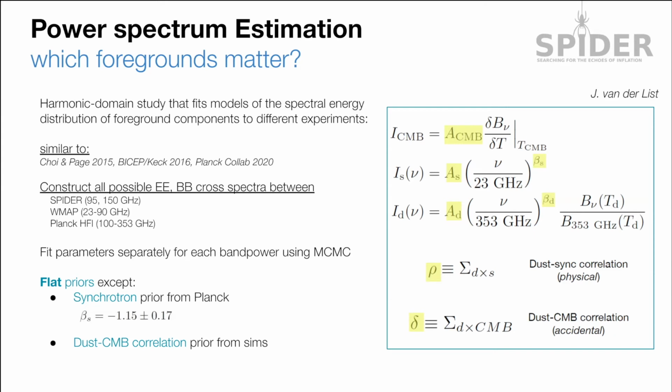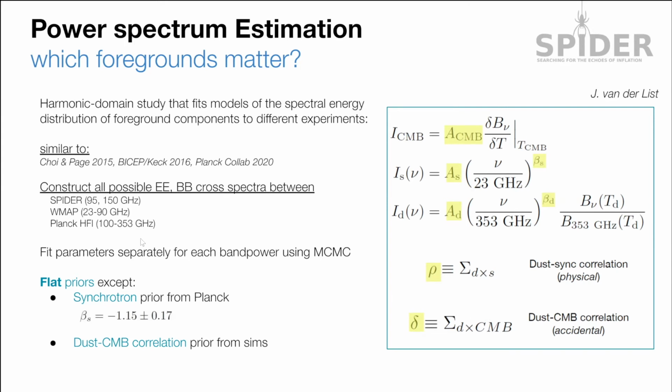He fitted for 7 parameters using Markov chain Monte Carlo. These 7 parameters describe CMB, synchrotron, and dust amplitude and spectral index, and the cross correlation between dust and synchrotron, and the dust CMB correlation.